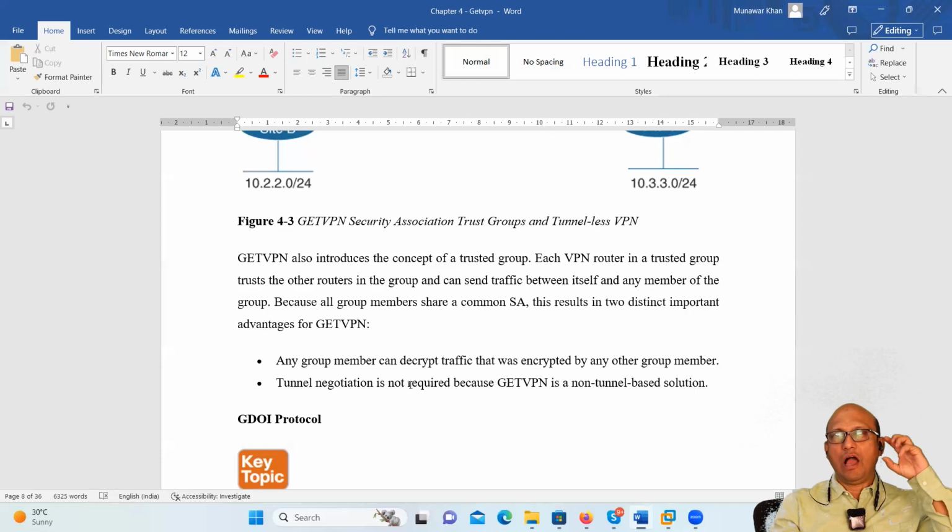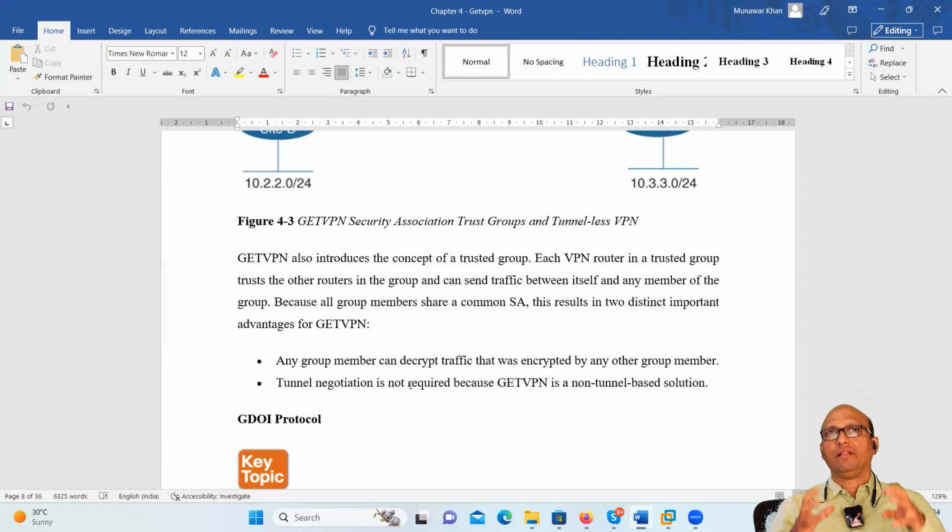So you must be thinking how it is possible. Yes, it is possible because there is one centralized key server which distributes these keys to all the group members who are participating in this trusted group.